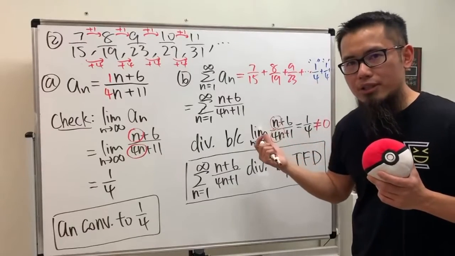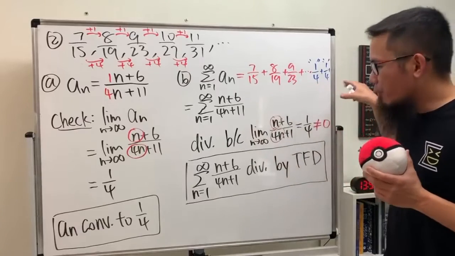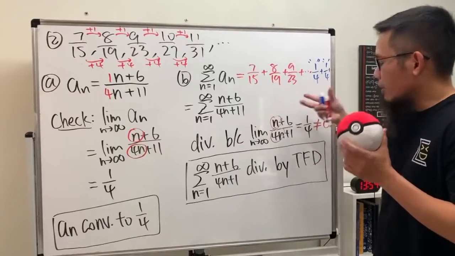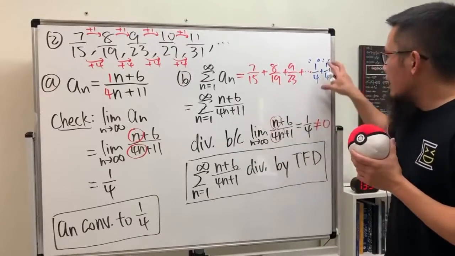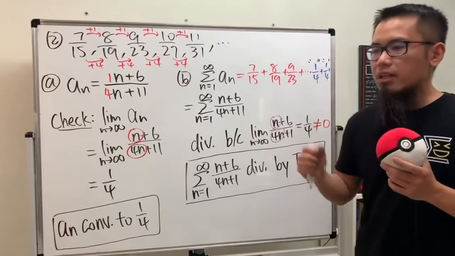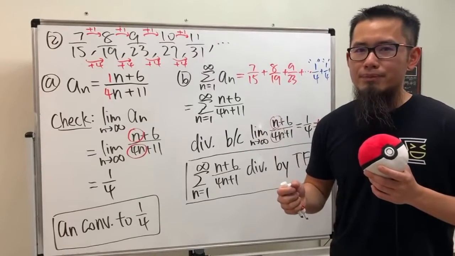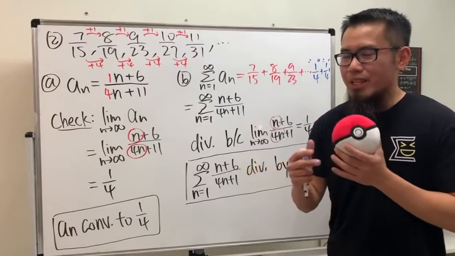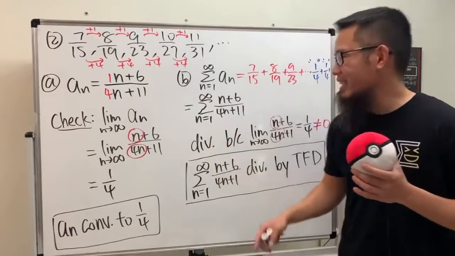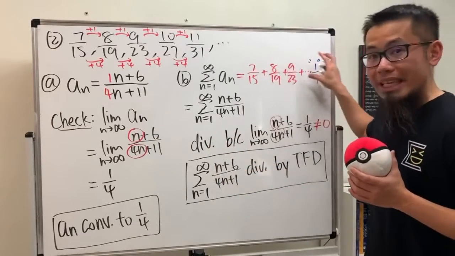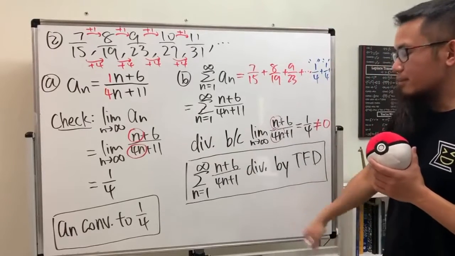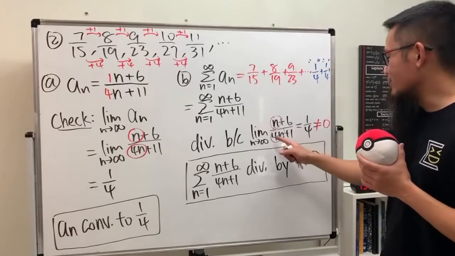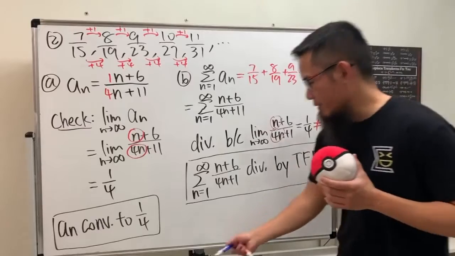Imagine you have to add up 1/4, approximately speaking, infinitely many times. What will happen? Well, it will get bigger and bigger, isn't it? Yes. So this will actually go to infinity. That's it. So when you don't see this being equal to 0, you can be really happy for that.